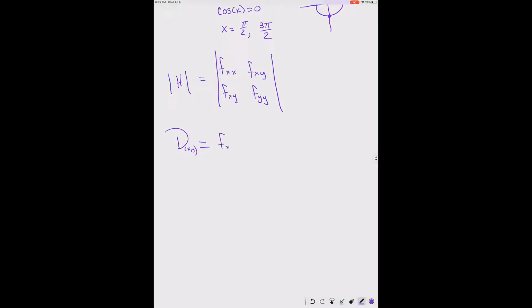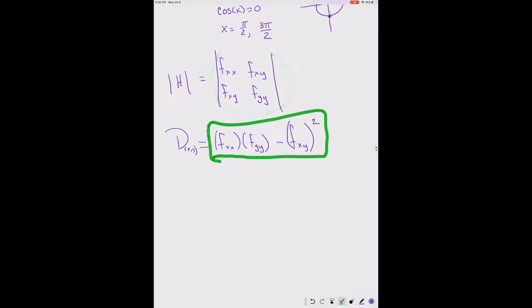That's the second partial derivative with respect to x twice, multiplied by the second partial derivative with respect to y twice, minus the mixed partial derivative of x then y, squared. If you've taken some linear algebra, the determinant of this matrix works out to what is down here, but not all of us have that, so we show both ways.